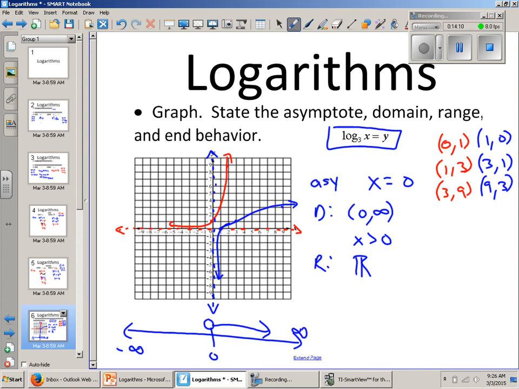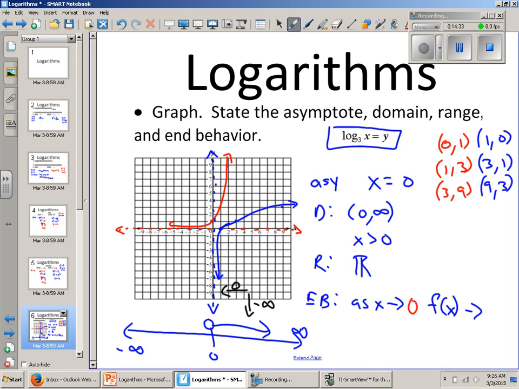Now let's do the end behavior. As x approaches, f of x approaches. So, over here on the left, we're going left and down. Down to negative infinity, left to 0, because that asymptote is stopping it.